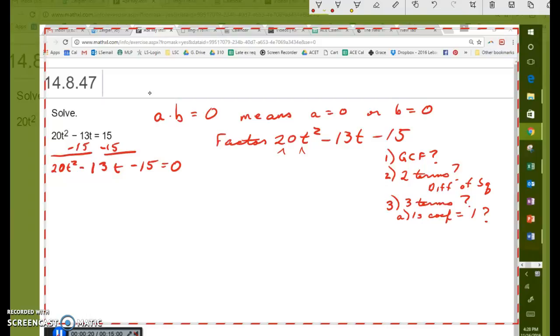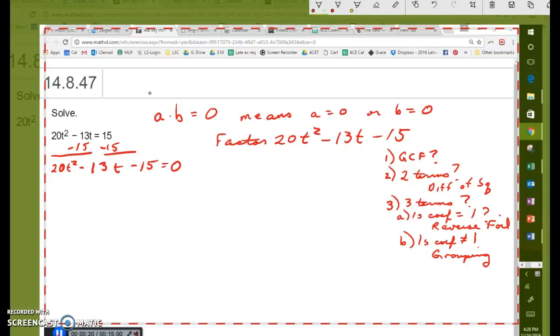The coefficient does not equal 1, the coefficient equals 20. If it was 1, you would use reverse FOIL to factor, and you need to know how to do all these things. But is the coefficient not equal to 1? That answer is yes, because the coefficient is 20, and in that case you use grouping.